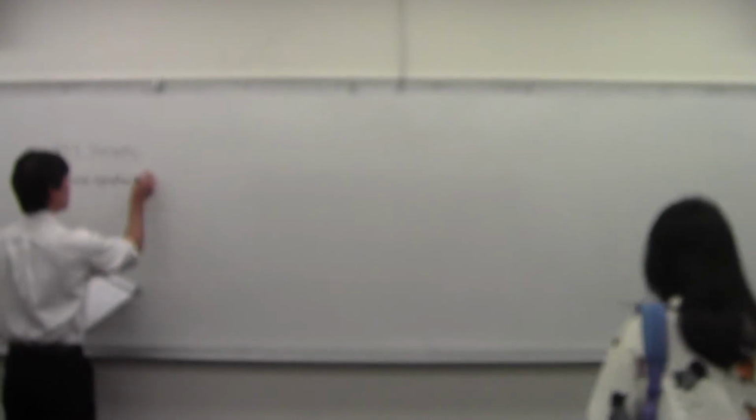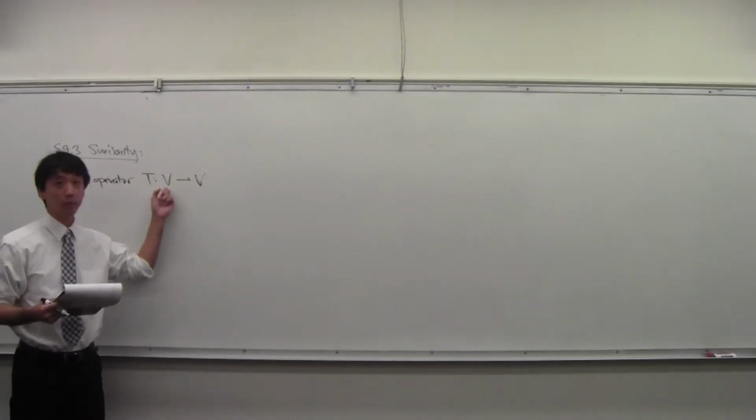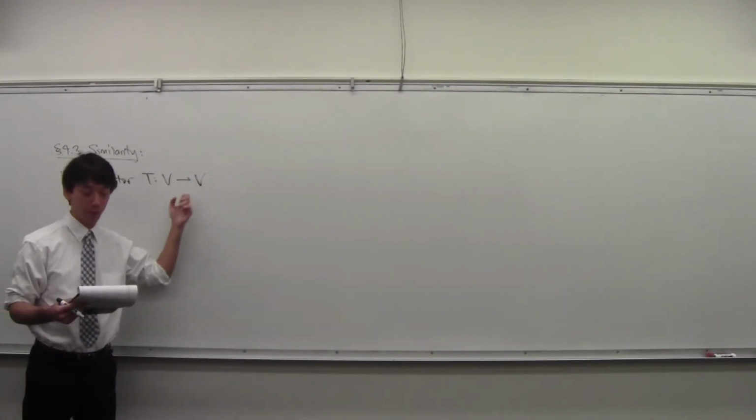I think you've seen this term in your homework. All it is is a linear transformation where the domain and range are the same. Okay, so it's going from V to V.